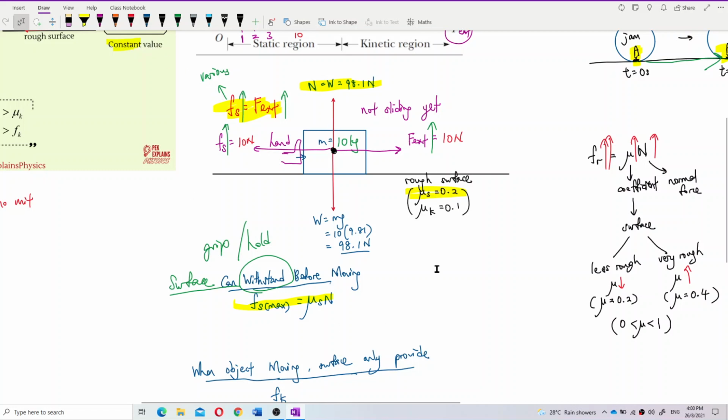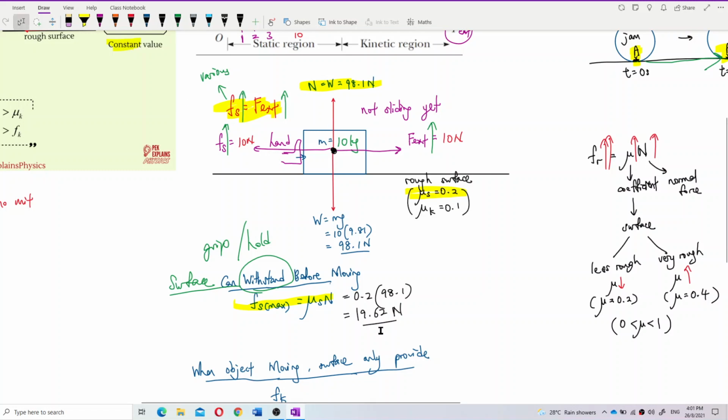We have mu S 0.2, and the normal force is 98.1. So 0.2 times 98.1 is equal to 19.62 Newton. This is the maximum static friction it can tolerate.